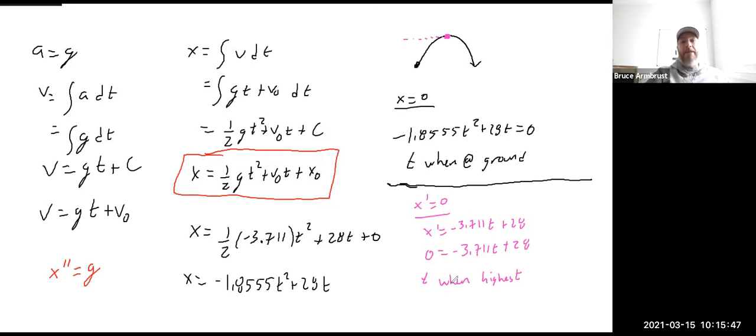Adam, what that would tell me is that it is a maximum. But I already know it's going to be a maximum just because I know how balls fly in the air. Even though I've never been to Mars, I know it's going to be similar. All right, so then Bruno, you just said take the 28 divided by 3.7. That's going to tell me what this time is. But again, that's just getting me my time, not my location.